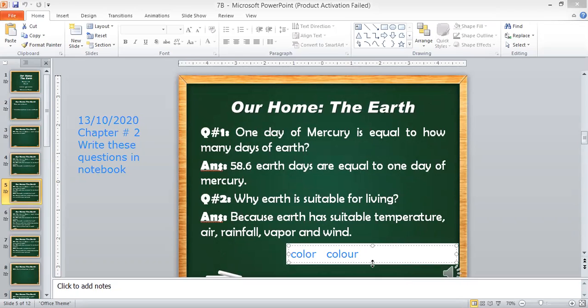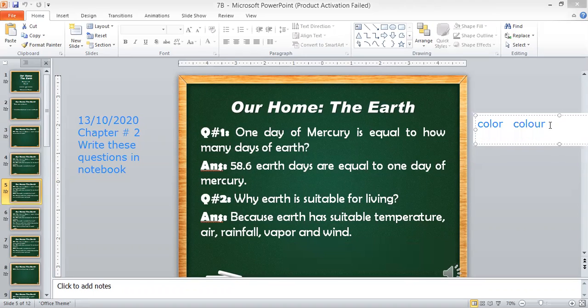Both give the right word and the right meaning. There is one more word, center: one spelling is American and the other is British. In the same way, vapor has two spellings, VAPOR and VAPOUR. Both spellings are correct.